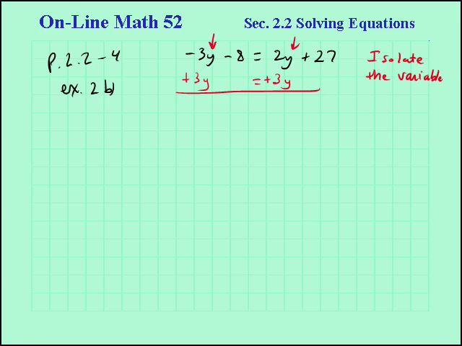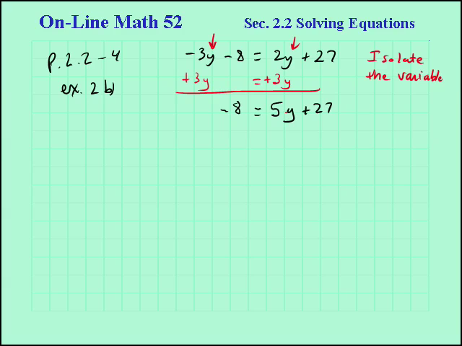Let me continue here. As I said, we get 0 from the negative 3y plus 3y, and a negative 8 or a minus 8. This becomes equal to 5y plus 27. And now we're in a situation where it looks kind of like the first example we did, where we have a coefficient. Here we have 5 times y, and we have adding a constant, in this case plus 27.